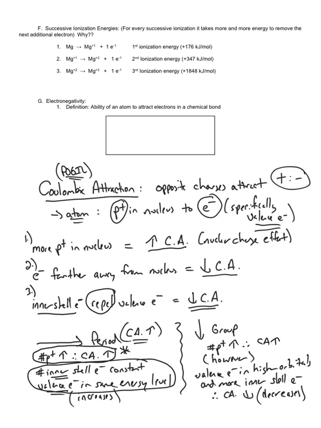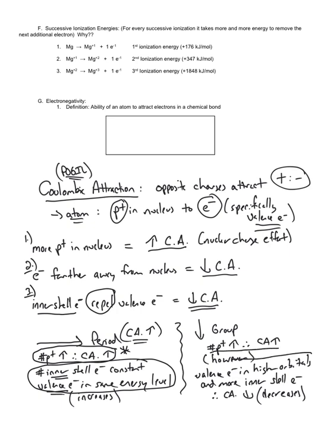Therefore, there are more protons in the nucleus, the nucleus has a stronger pull, and that causes the valence electrons to be drawn inward, making the atom smaller.